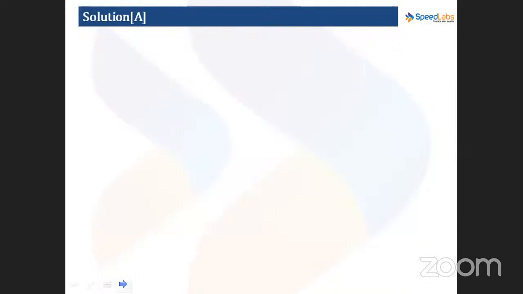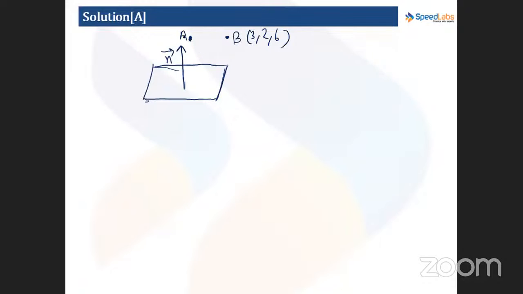Now let's solve it. So if this is a plane, I know the normal vector. I consider some point B in space, which is 3, 2, 6, and A point is here on the line, okay.